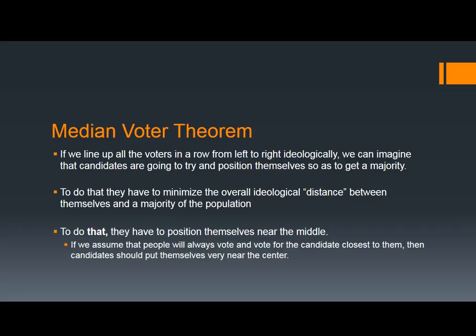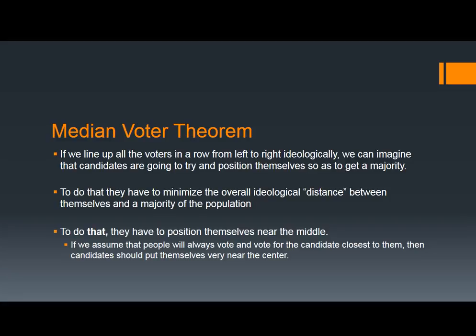So in order to minimize the ideological distance between yourself and your voters, you have to put yourself near the middle. And of course, both candidates are going to put themselves near the middle. So what this means is that in national elections in the United States, for presidential elections particularly, the candidates position themselves where they believe the national median voter is, and they end up being usually quite close to one another. Their policies end up sounding very similar.